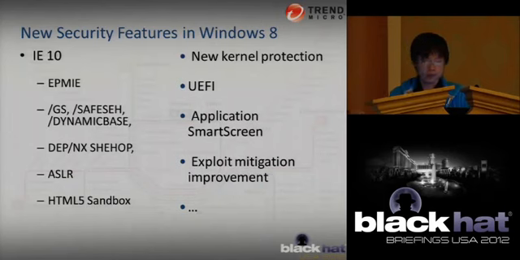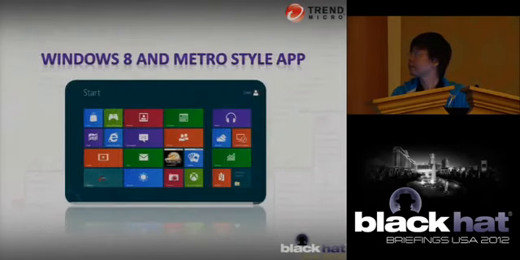However, the most attractive thing is the Metro-style apps. The user interface is really fancy, clear, and easy to use. But introducing Metro-style apps might take 2 or 3 hours, so we will not spend too much time on it. In this talk, we will only focus on the most important security features of Metro-style apps.